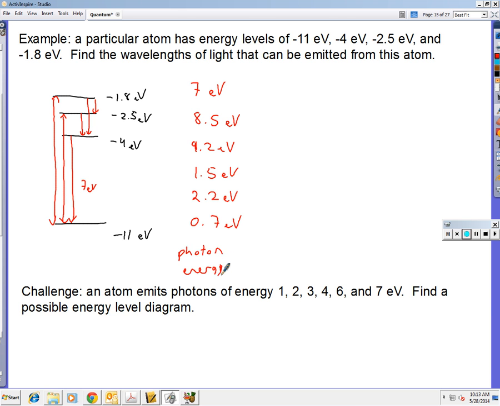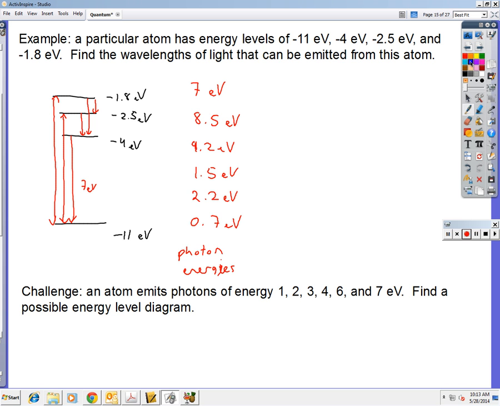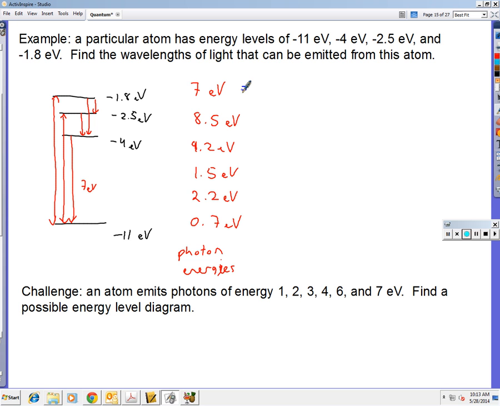And what we need to do is find the wavelength associated with each of those energies. I'm just going to do the first one. I'll let you do the other ones if you want. So 7 electron volts is equal to 1.12 times 10 to the negative 18 joules, which means that, remember that the energy equals hc over lambda.